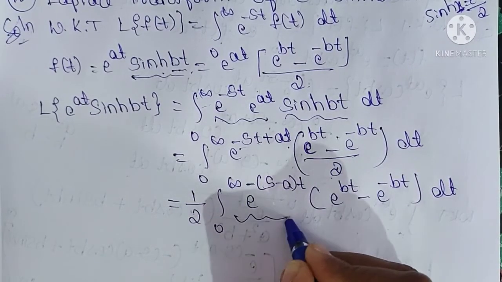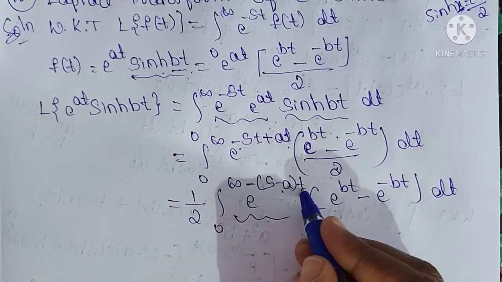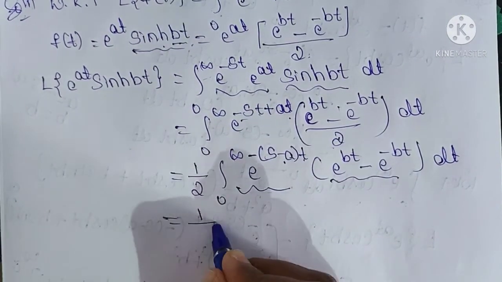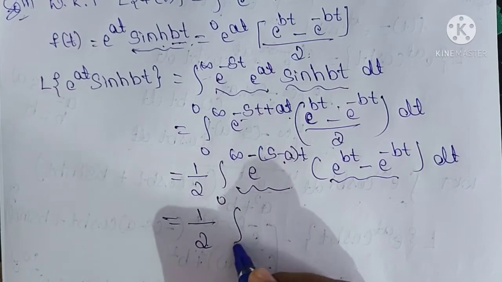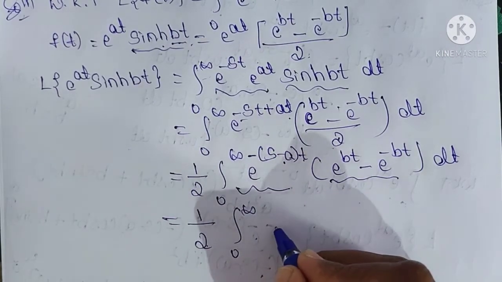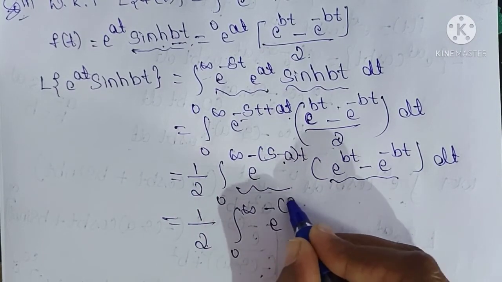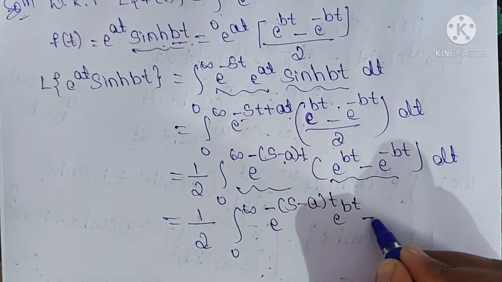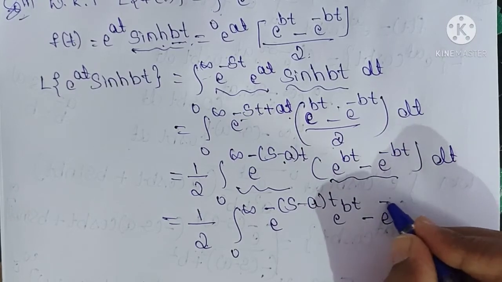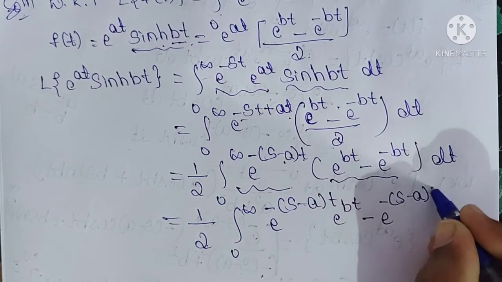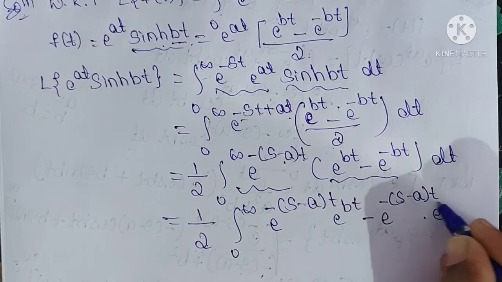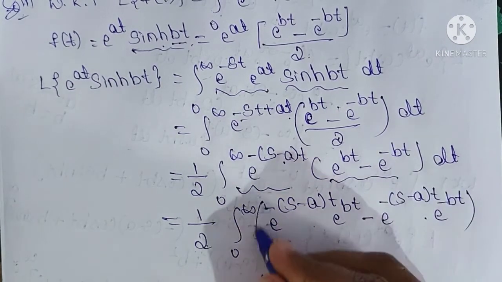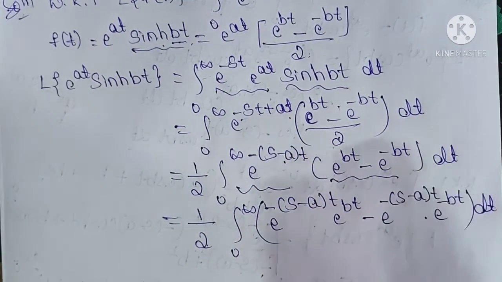Now this e to the power of minus s minus a into t, multiplied to these two terms, we will get 1 by 2 into 0 to infinity e power minus s minus a into t, e power bt minus e power minus s minus a into t, into e power minus bt into dt.